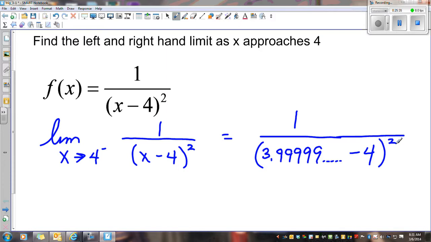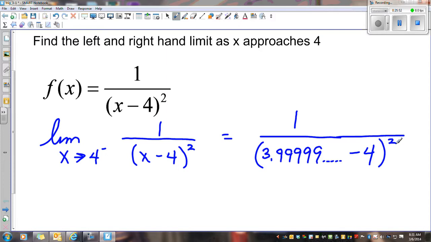Now, if we get that close, what happens? Mark, talk to me. If it gets that close, what kind of number am I going to have? It's going to be big. It's going to be negative.